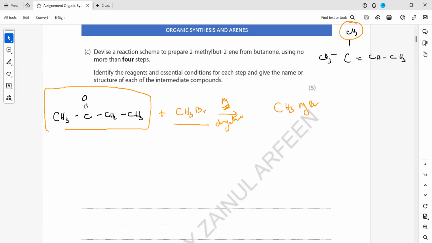After producing this Grignard reagent, we will react the ketone with it, the Grignard reagent in which a methyl group is there, CH3, Mg and Br. And as a result, that group will be added.